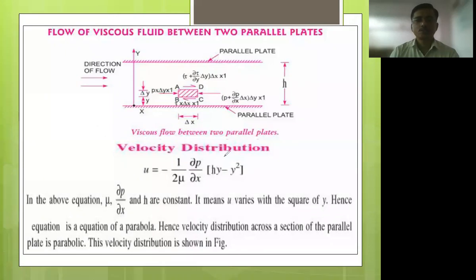The velocity distribution for the viscous flow between two parallel plates is given by the equation u is equal to... write down the title, velocity distribution, and write down this equation.